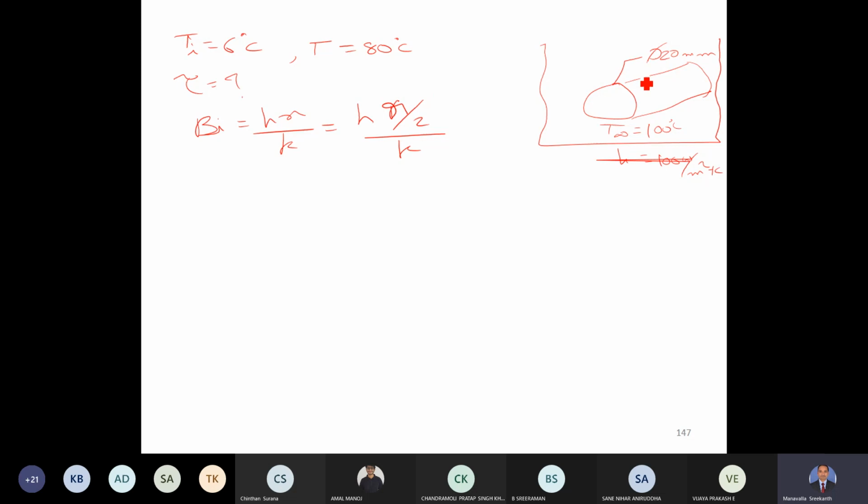So we know the diameter is 20 millimeters, so radius is 10 millimeters. H is 100, radius is 10 millimeters, converted to meters, divided by the conductivity, which is 0.52. So we are checking the Biot number to decide whether it's a lumped system or not.